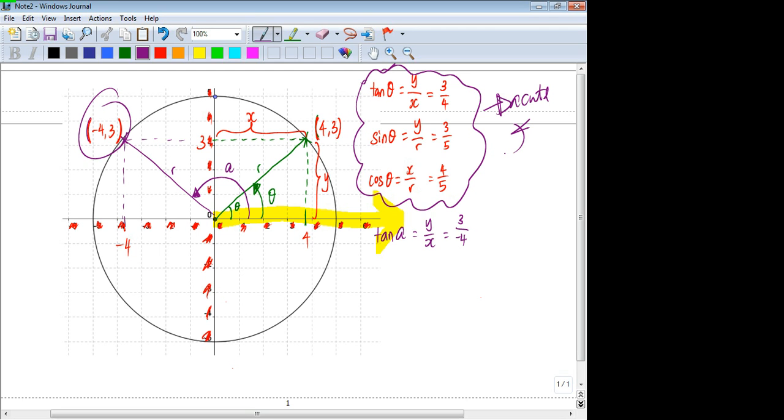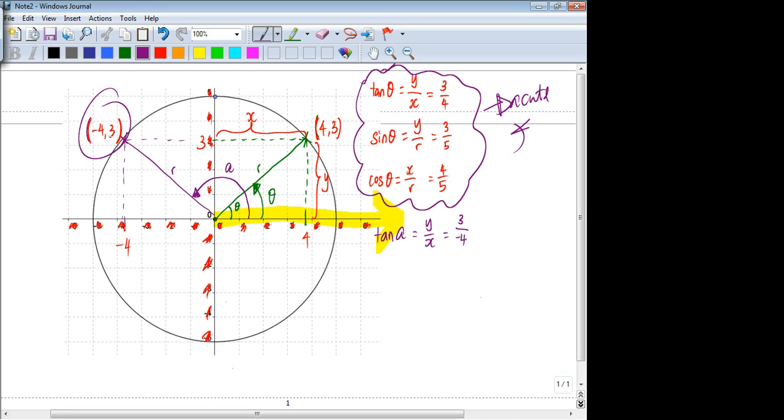So we are extending this to obtuse angles in purple color. See, my angle A is more than 90 degrees, right? So we use the same formula, tangent A, where A is greater than 90 degrees, equals y over x, no change. But now you need to think carefully, what is your value for y?